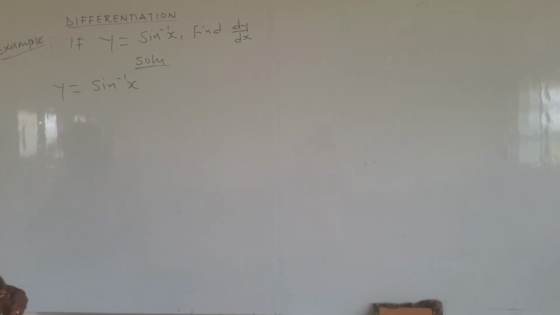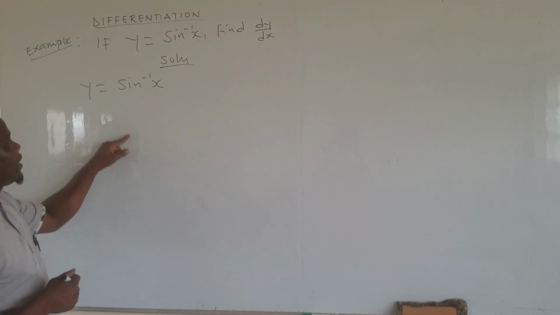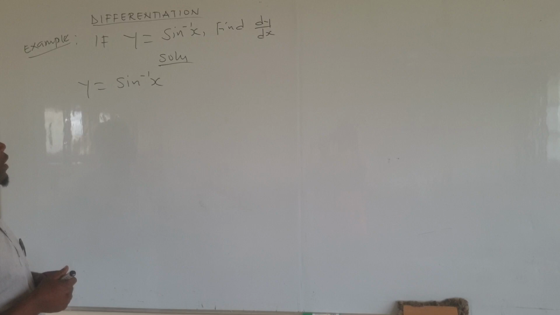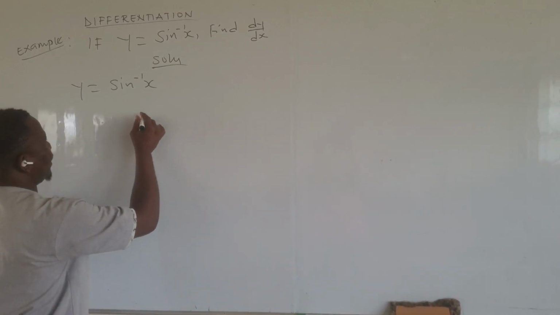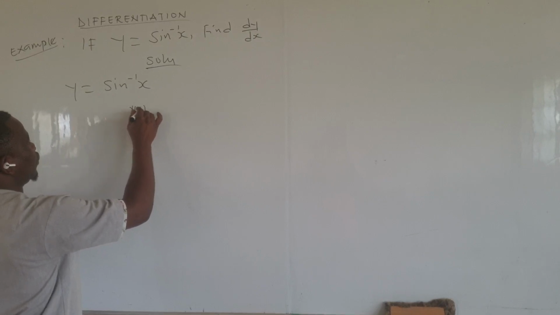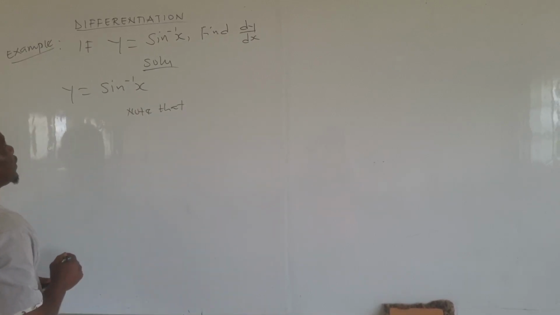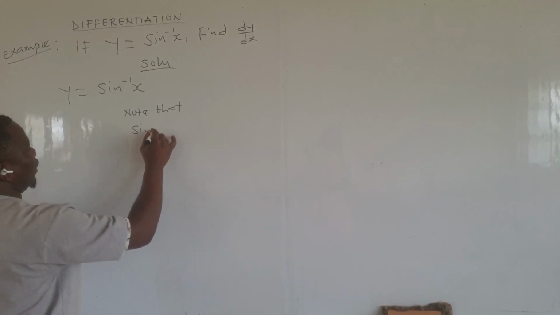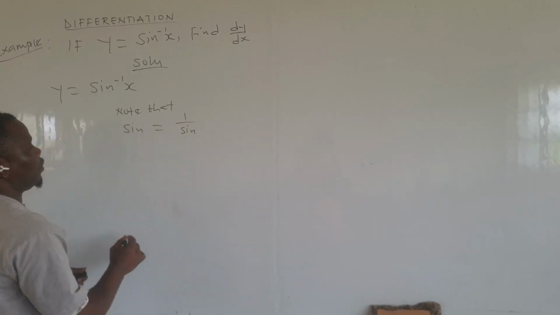I want us to know and understand something here. I know very well that if we want to write the inverse of x, note that sine inverse is the same thing as 1 over sine.